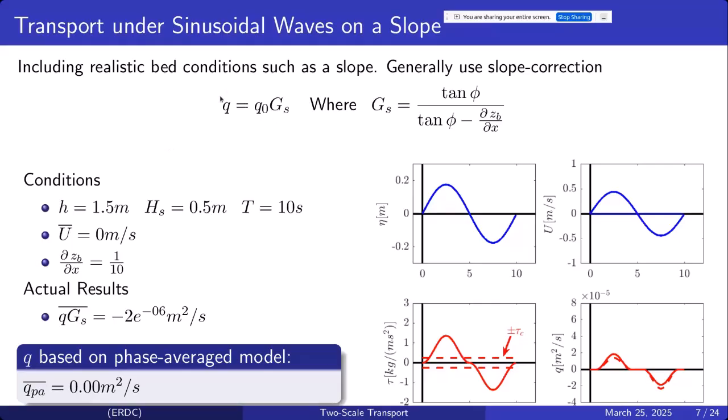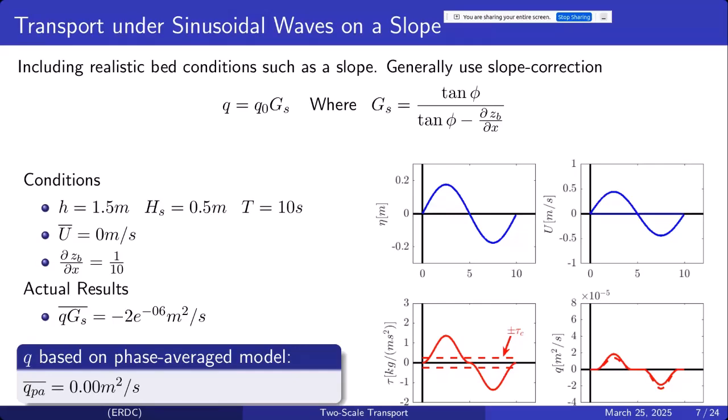So you have a corrected Q that's equal to Q on the flat ground times some slope parameter, and there's a little bit of variation in the way these slope parameters work, but they all have sort of the same form here, where tan phi is the angle of internal friction or angle of repose, and that's about 0.5 to 0.7.